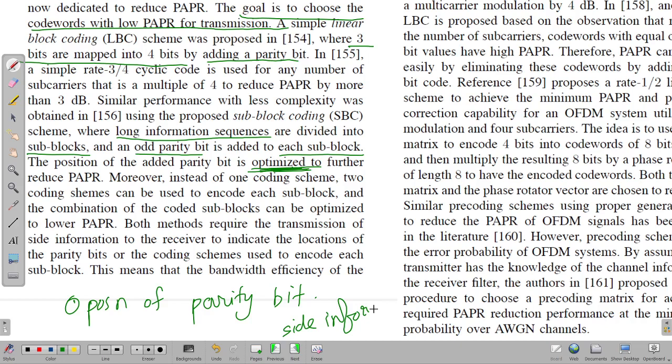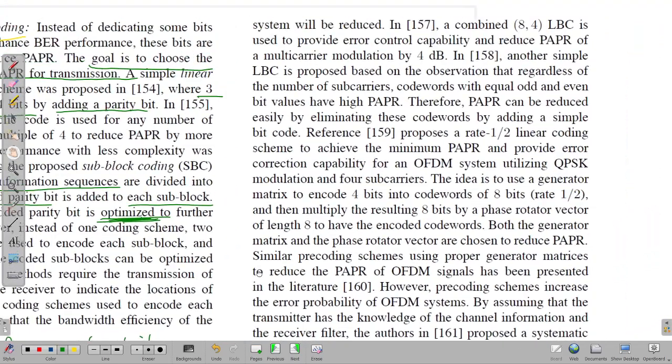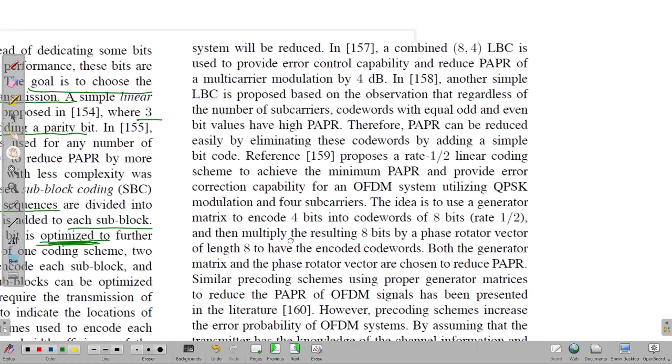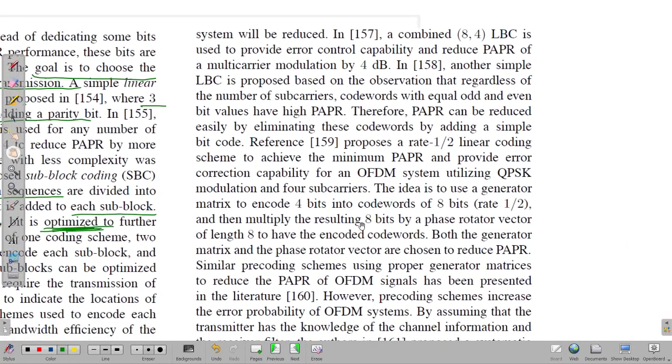You are using your power, the transmit power, and you are using your spectrum to transmit the side information. So this method reduces the spectral efficiency. Okay, and if you have time, you can read along all these things that I've shared with you. They are citing different papers and different methods that people have used.